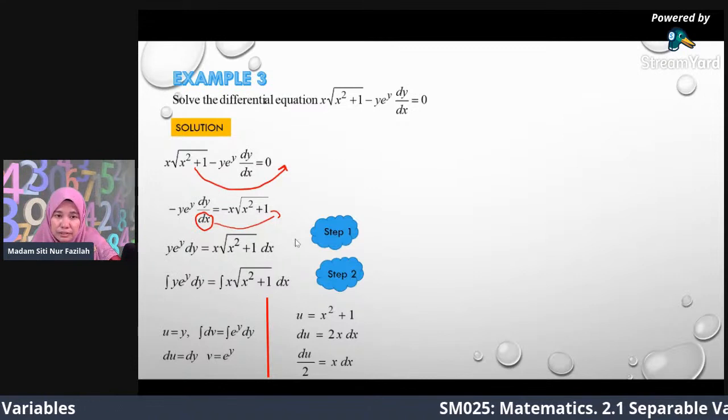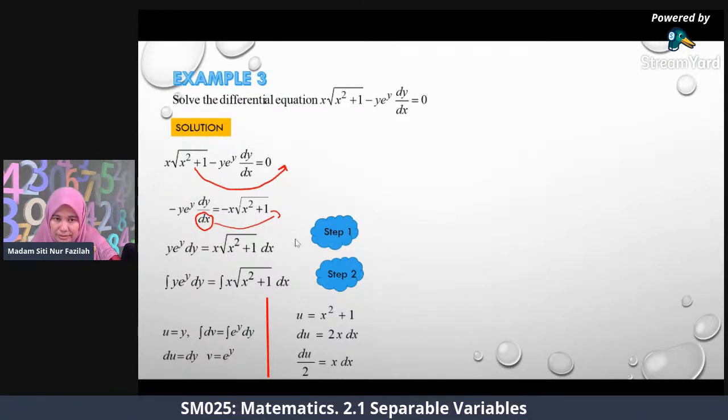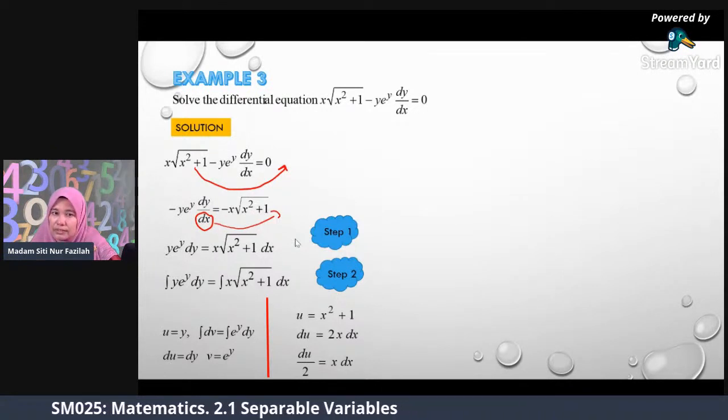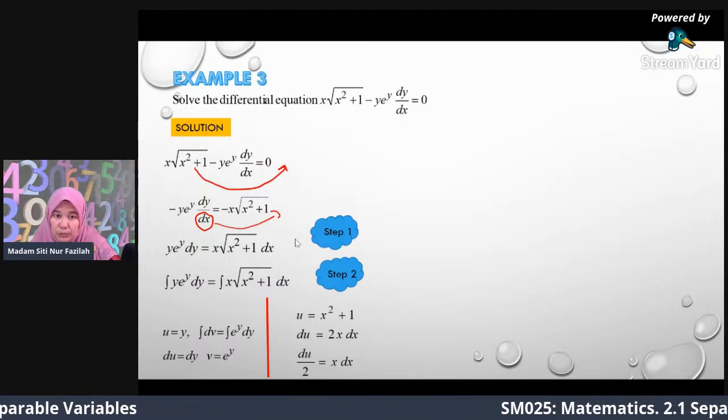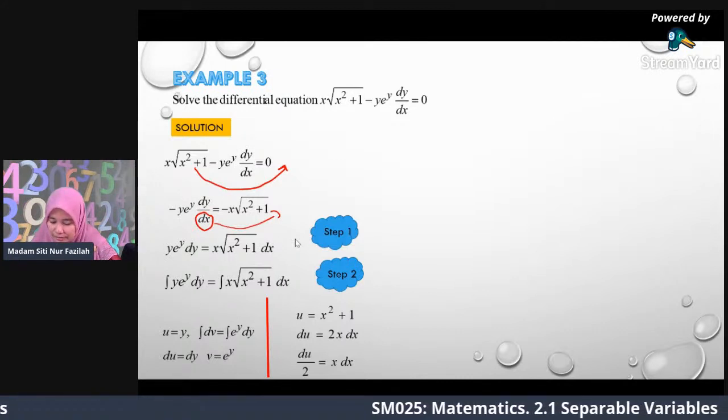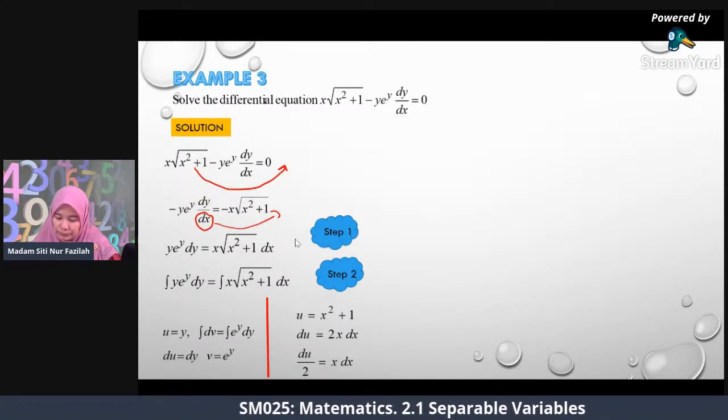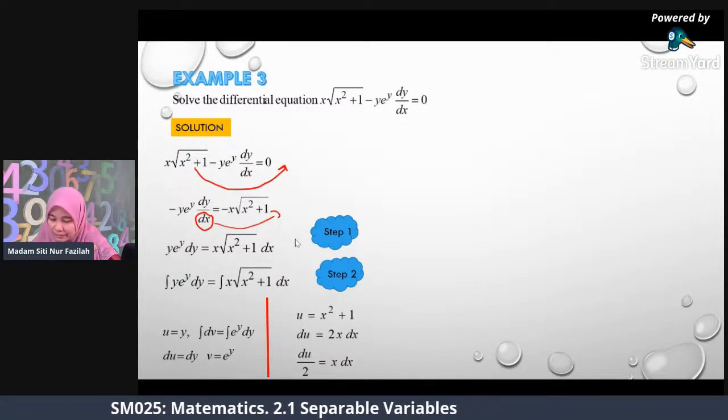Then we differentiate, and we can get du equal to 2x dx. Then we divide the equation by 2, and we can get du/2 equal x dx. We do not integrate yet.